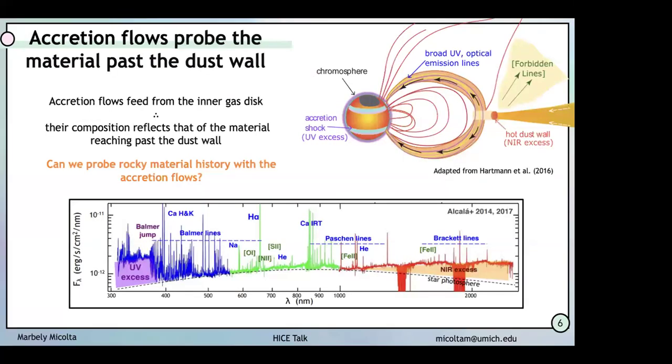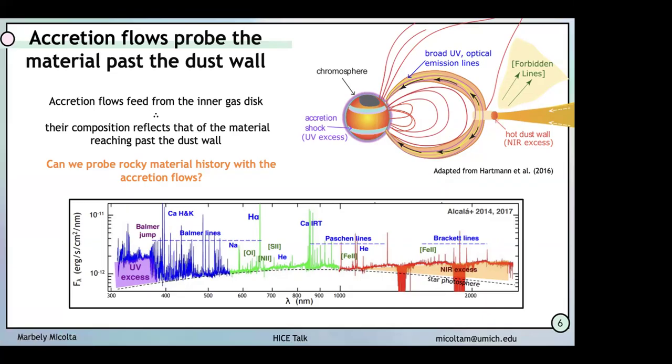So what I do is try to probe, if there is dust, what's the history of this rocky material from the accretion flows. This is another version of the schematic view of the disk, now concentrating on the innermost disk. So this is the dust disk, and within like 0.1 AU, you will have what is called the hot dust wall.